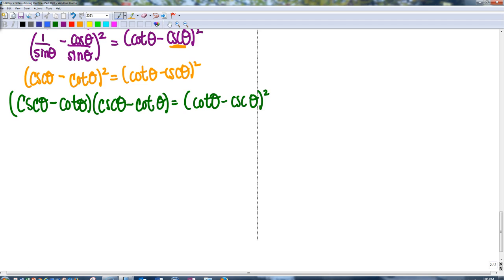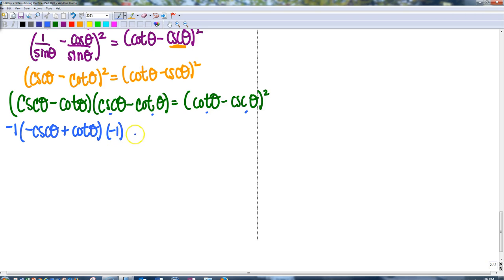Well, basically what we're going to do in order to switch the order of the cosecant and the cotangent to get it the way we want over here, essentially we're going to take a -1 out of each of those expressions. So if I take a -1 out of my first expression, the cosecant becomes negative, the cotangent becomes positive. Same thing with the second expression here.